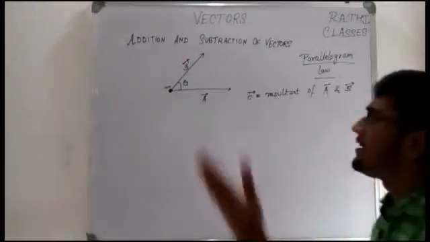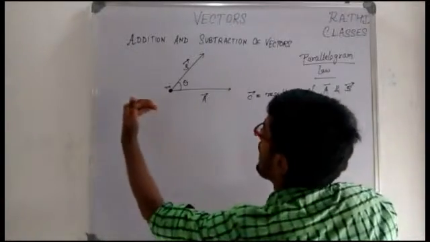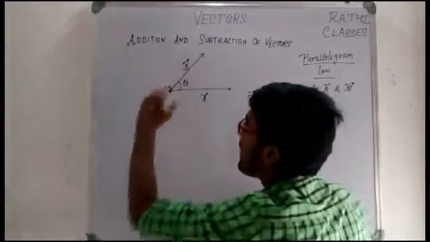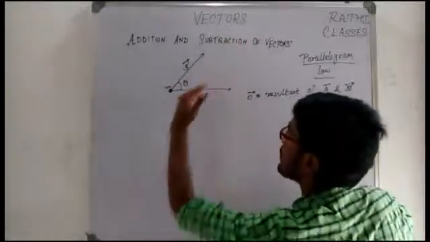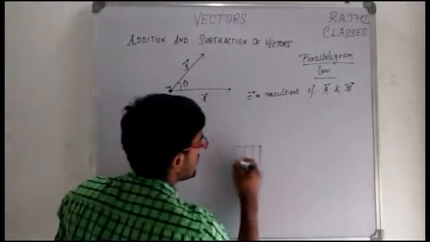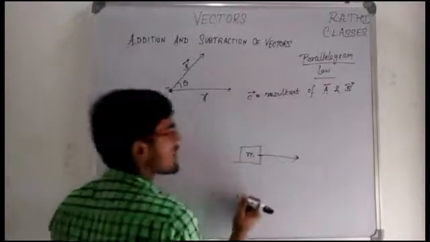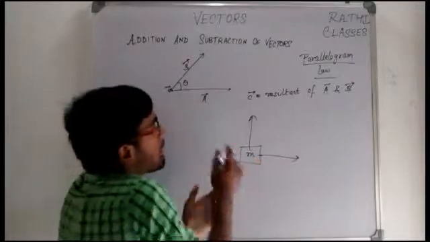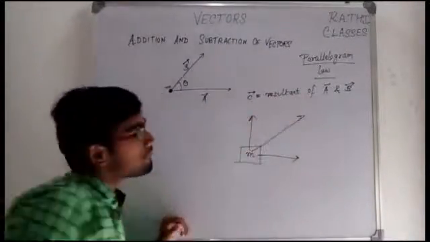So the person will neither accelerate in this direction, nor in this direction. It will accelerate somewhere in this direction, right? The net effect will lead this particle to travel somewhat in this direction.